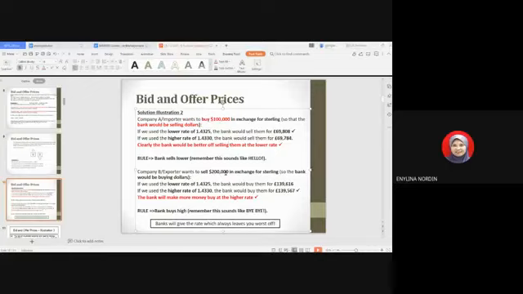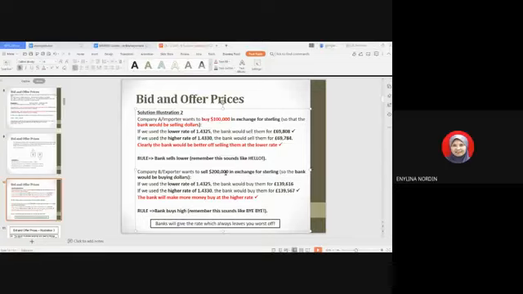The next issue here is that the bank should determine which rate it should use. So we have the range between 1.4325, the low rate, and 1.4330, the higher rate. We know that the bank is going to sell the dollar. If the bank wants to sell the dollar, the rate the bank should use is the low rate.